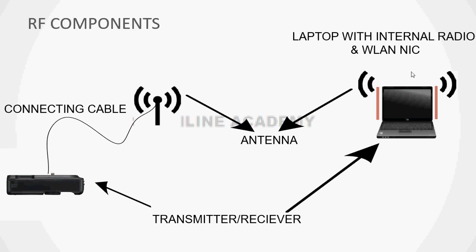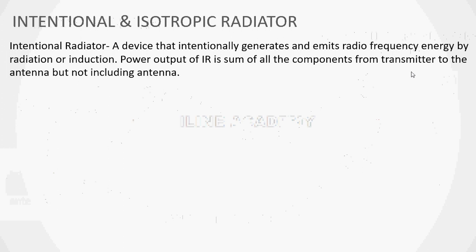And now next is IR and EIRP. What is the meaning of these? Let me explain it to you. You have seen a motor at your home. Whenever a motor runs, it produces a sound.